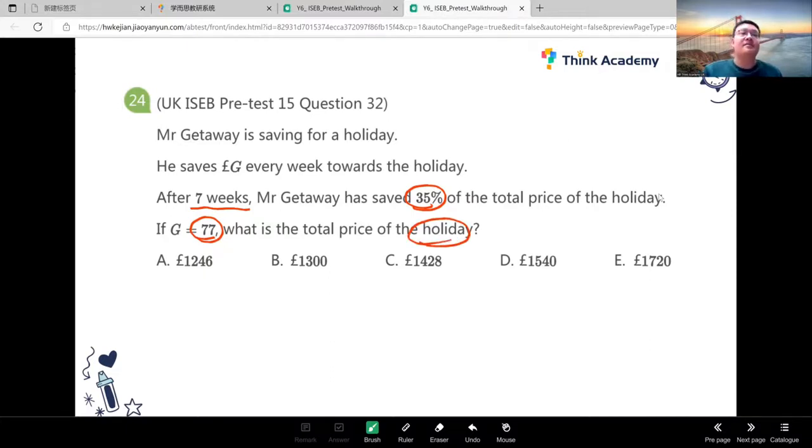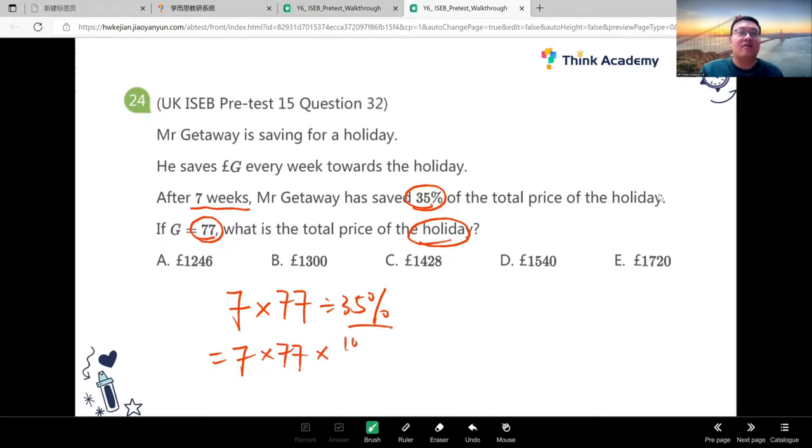Easy question, guys. 7 weeks. Every week, you're going to save £77. And that is just the 35%. So you divide by 35% to know the total money that Mr. Gateway wants to save. Let's see, how do we do this calculation fast? 7 times 77, divided by this number, you just times the reciprocal of it.